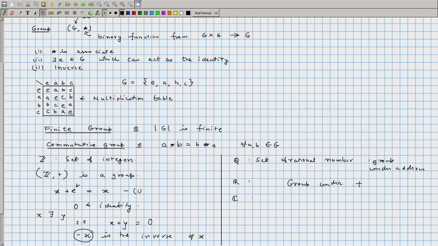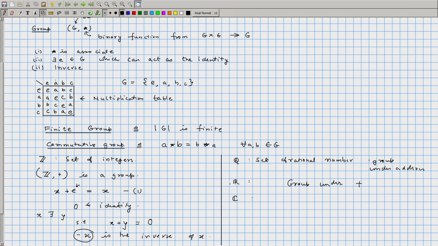Okay. But note that although we refer to them as addition, the addition operation on integers is different from the addition operation on rational numbers, and it's again different from the addition on real numbers and on complex numbers, because if you think of them as operations, their domains are very different.